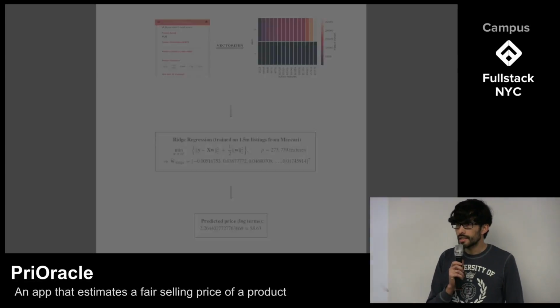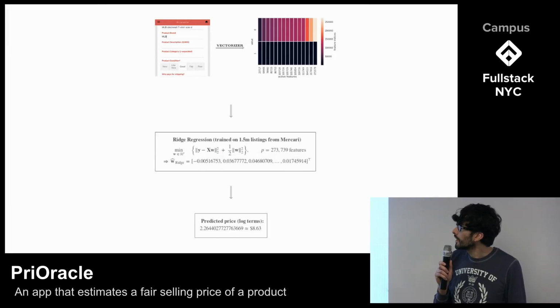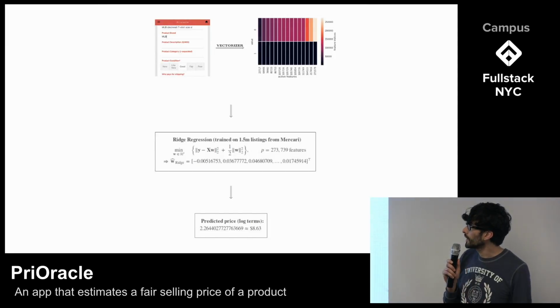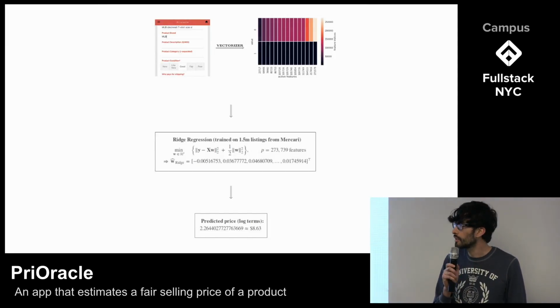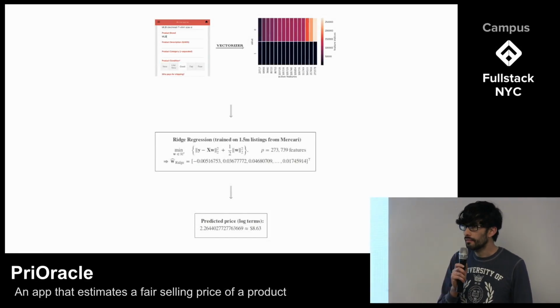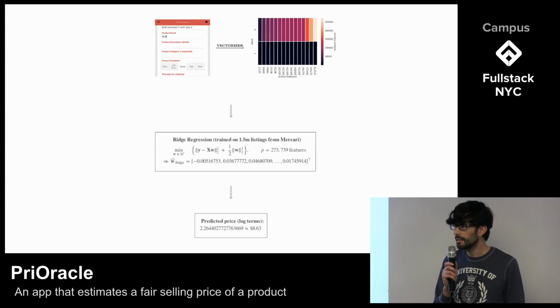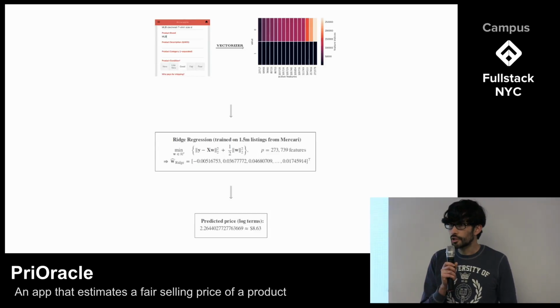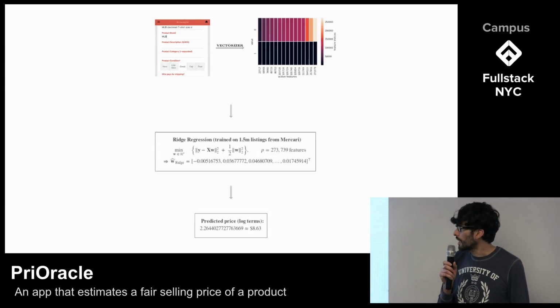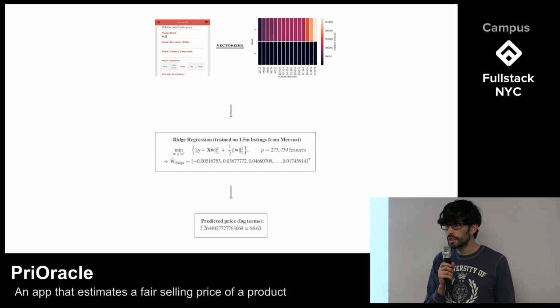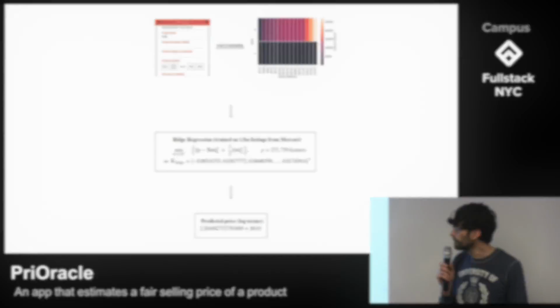Once a user submits a pricing request, that pricing request gets converted into a vector of numerical features. For the MLB t-shirt example, we have only 15 features that are active out of a total of nearly 300,000 features. In the next step, the features are passed in as an input to our machine learning pricing algorithm, which is based on a ridge regression model.